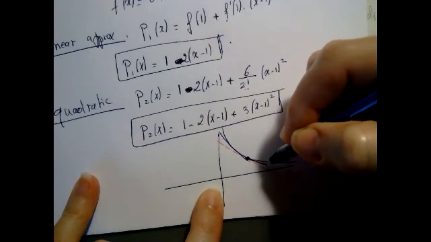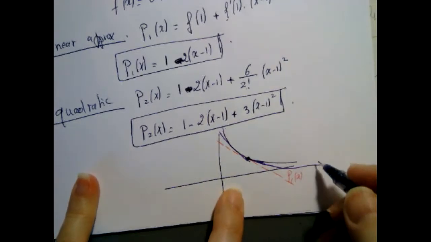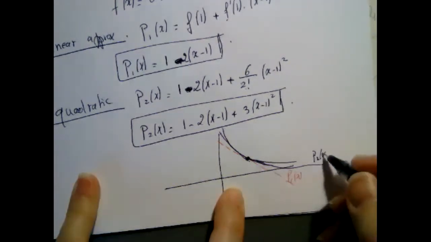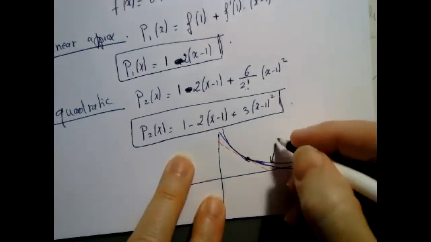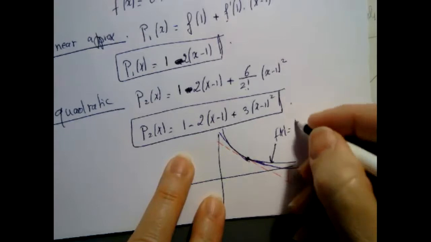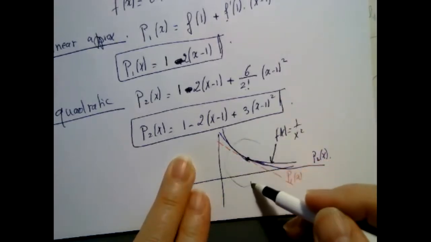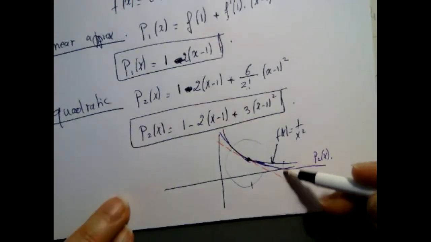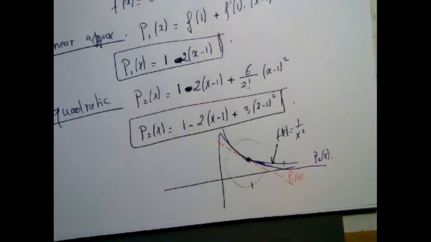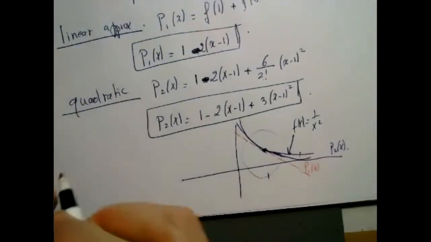It's going to hug the function a little bit more. This is going to be P2, and this one is the function, f of x equal 1 over x squared. So that's really the picture. The approximation is near the point 1. It means as we move very far away from 1, of course, the approximation falls apart.